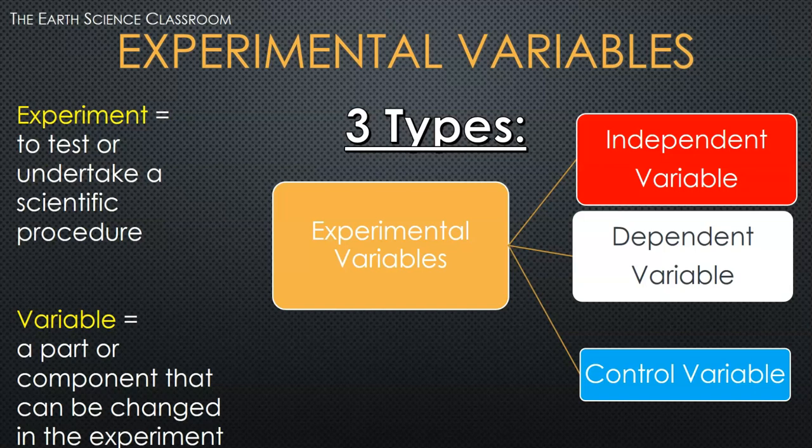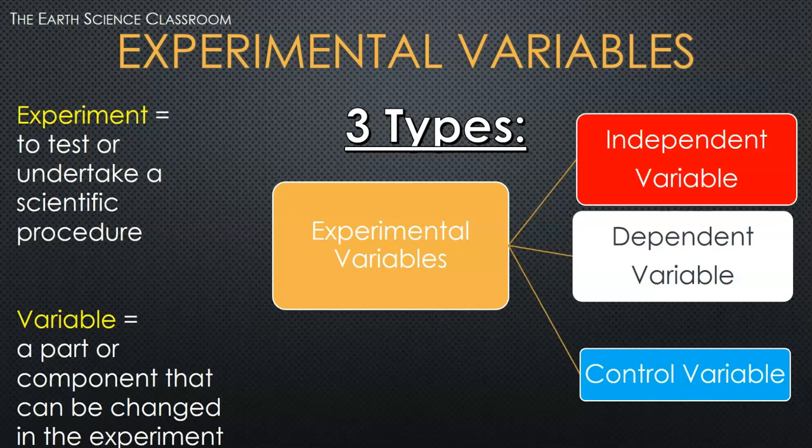So a variable in experiments is defined by two things. First, the experiment is a test that you do generally in science or any kind of subject, where you are trying to undertake a certain scientific procedure to test a hypothesis, or do some sort of step-by-step procedure to acquire information or data.